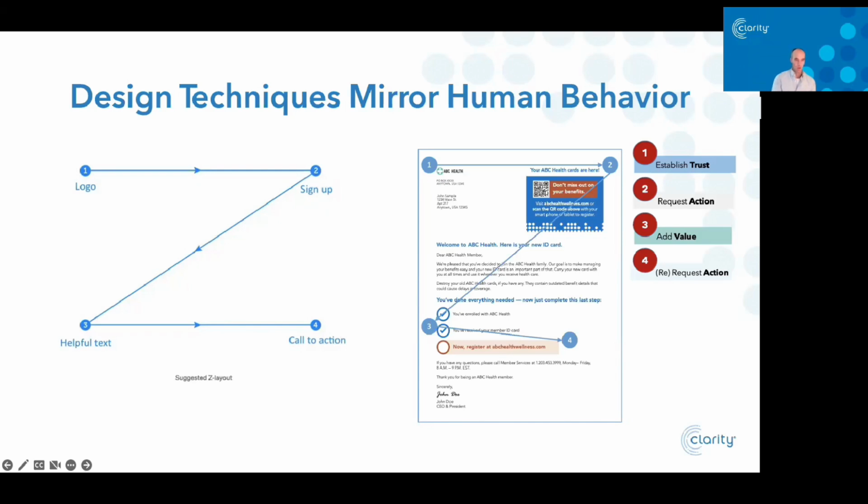And then we're dropping down to, okay, what's the context around this? Here we've got a bulleted list and an unfulfilled checklist that's sort of contextualizing you've done 1 and 2. But number 3 is of great value to you, and we're asking you then again over at number 4 to re-request that action or to re-request the sign in.